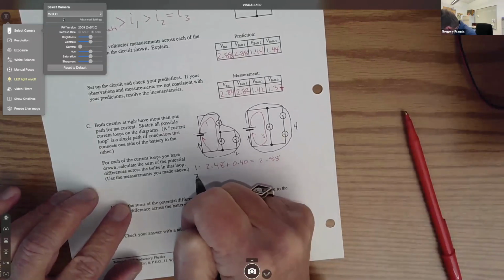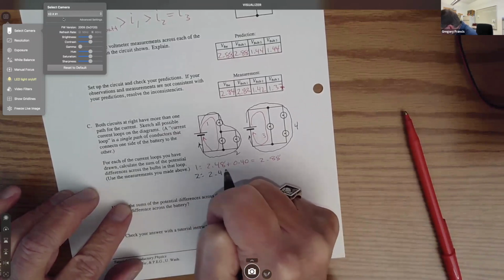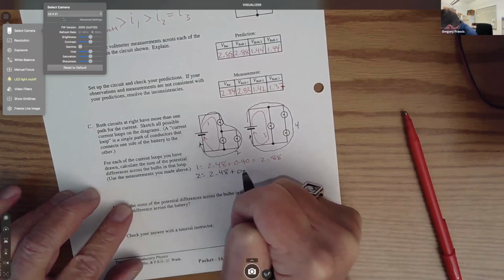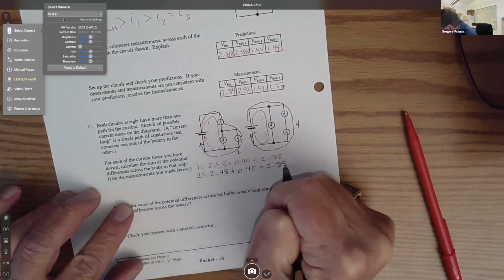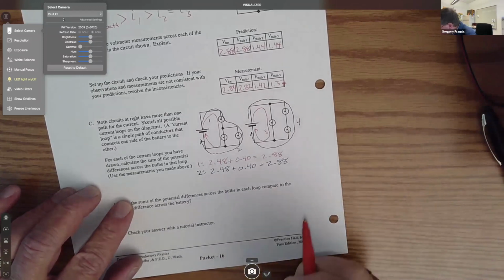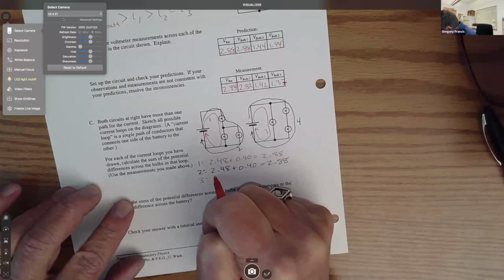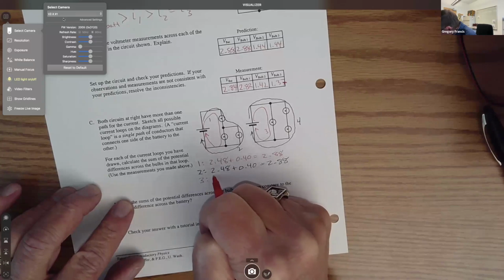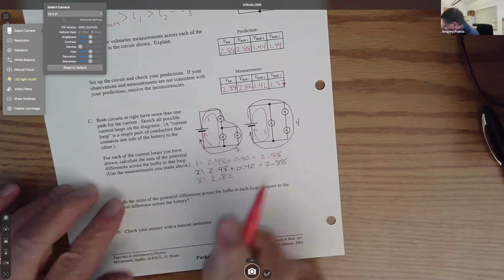For loop 2, I have the same thing, 2.48 plus 0.40 is equal to 2.88. For loop 3, well, there's only one bulb there, and it's 2.82.